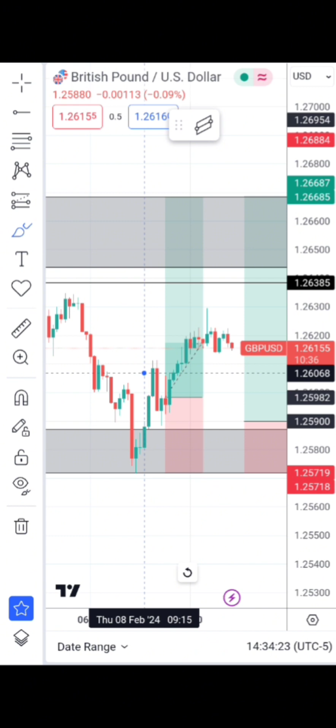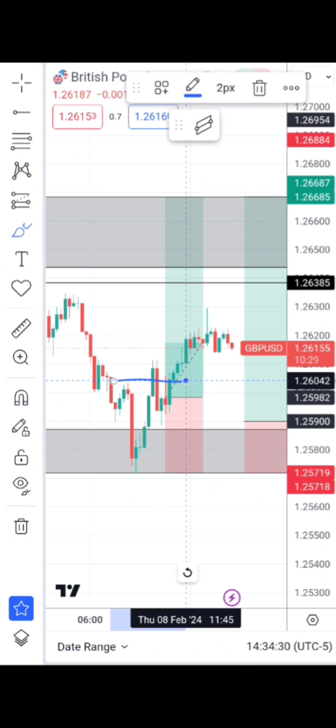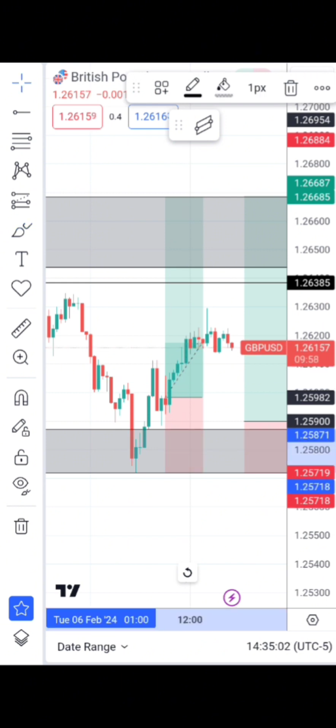Yeah, so there is an MSS. So this shift from bearish to bullish offered a good opportunity to enter a buy.